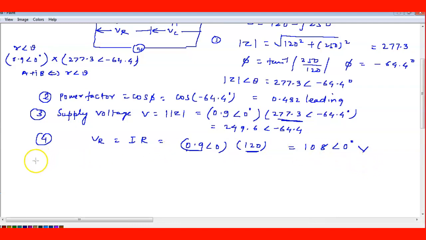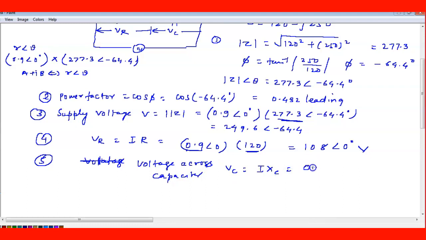Next, the voltage across the capacitor. So VC is equal to I into Xc. So 0.9 with angle 0, into Xc, which was 250, right?